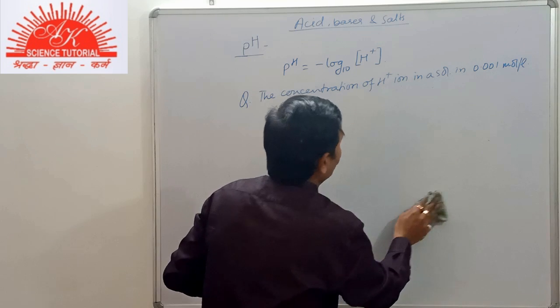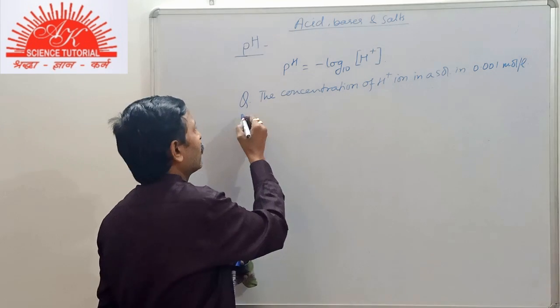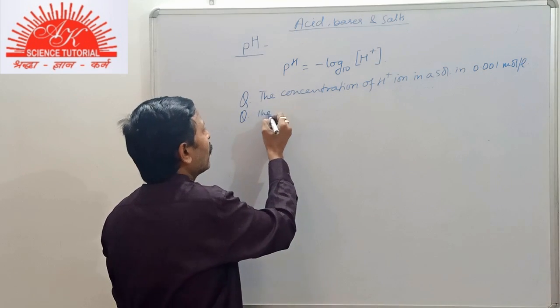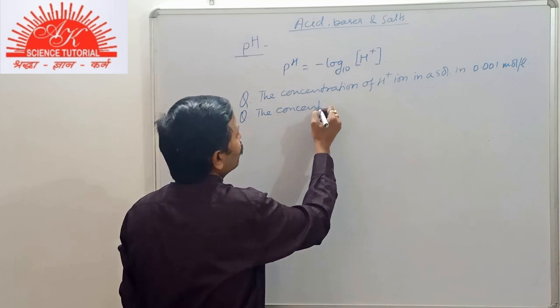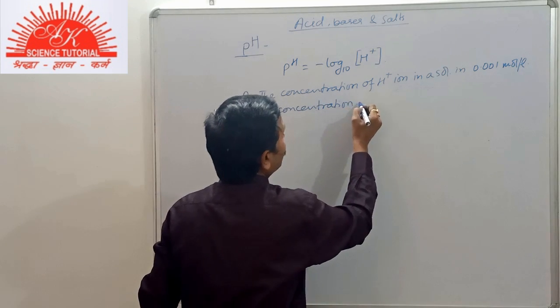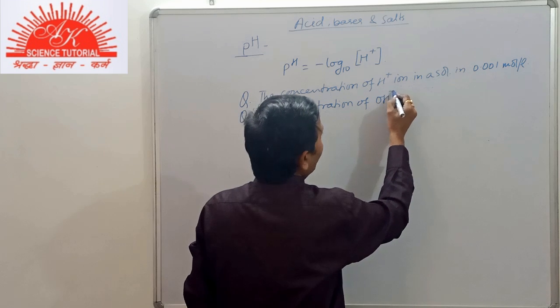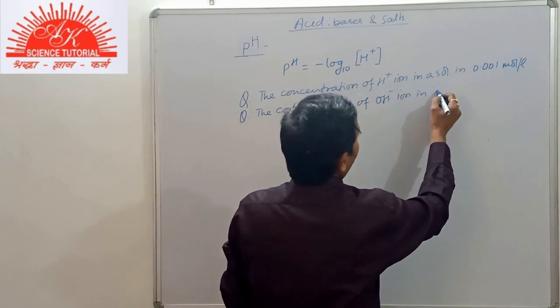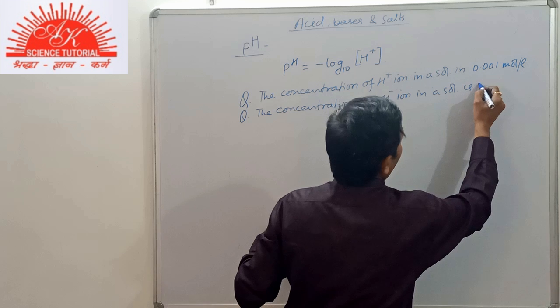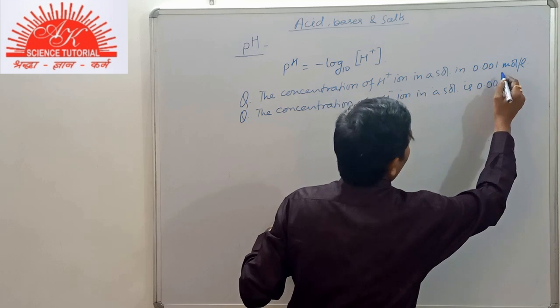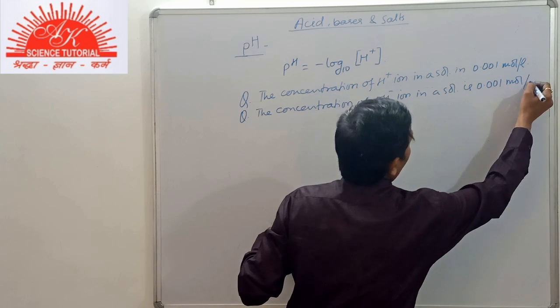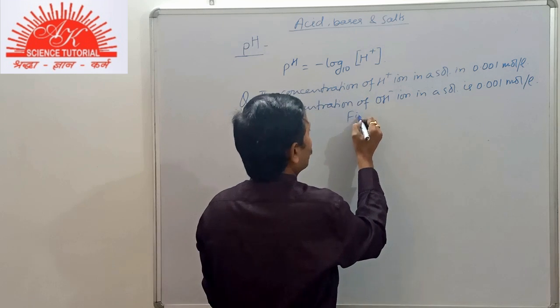There may be another type of question in it. Second question. The concentration of OH minus ion in a solution is 0.001 mole per liter. Find its pH.